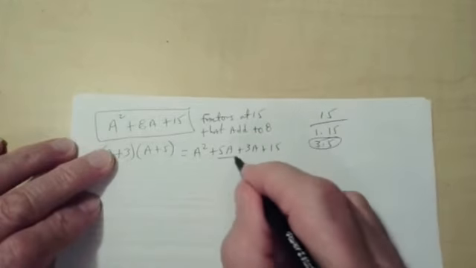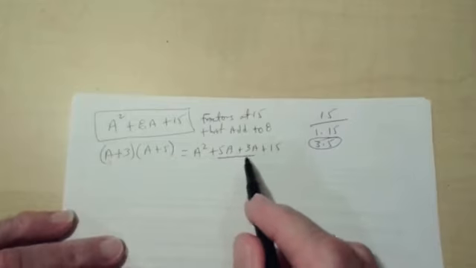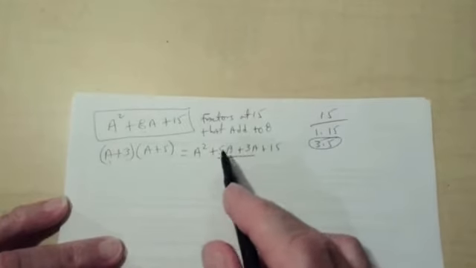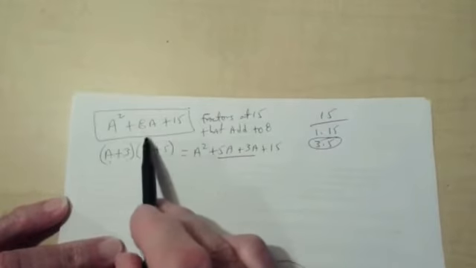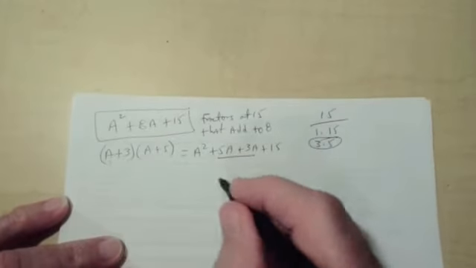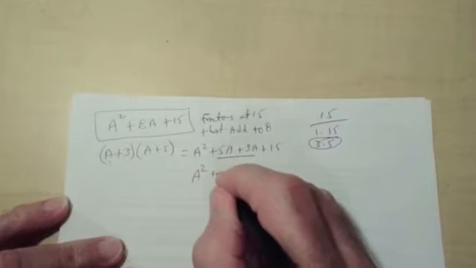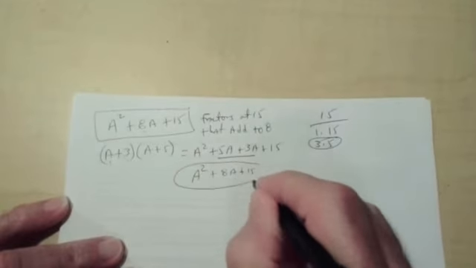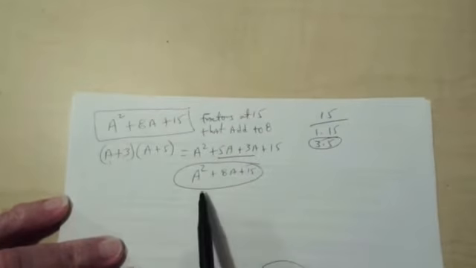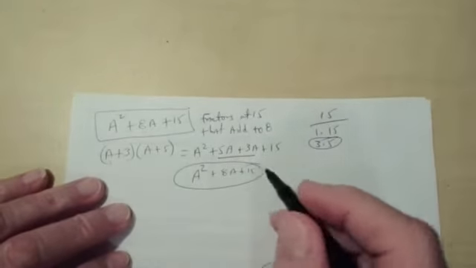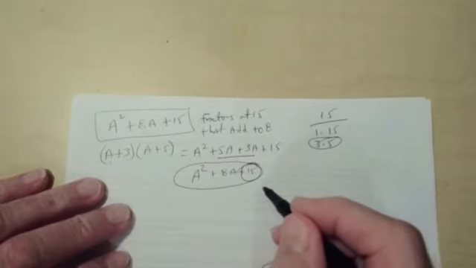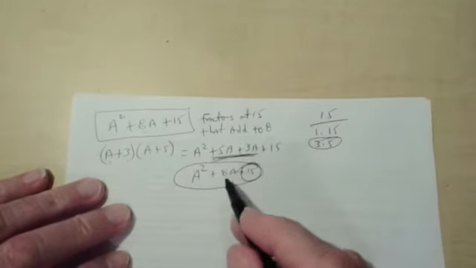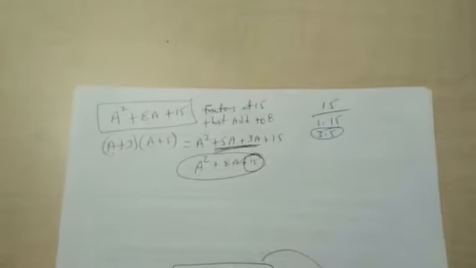Now you can see what we're doing here is we're adding these two linear terms together, the two middle terms, adding them together to give us the 8. So we have a squared plus 8a plus 15. Okay, now what we did was we took the factors of 15 that added together, which is what we did here, to give us 8.